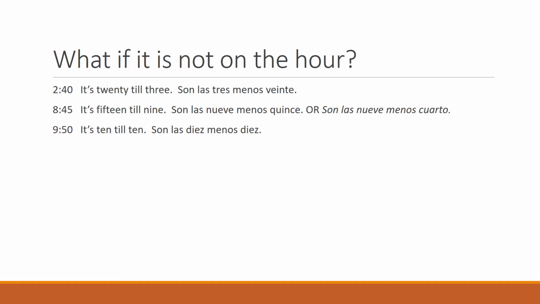If it's 8:45, you would hear it as it's 15 till 9, son las 9 menos 15, or son las 9 menos cuarto, like we learned in the last slide, because cuarto means 15 minutes. If it's 9:50, 10 until 10, you would hear son las 10 menos 10.